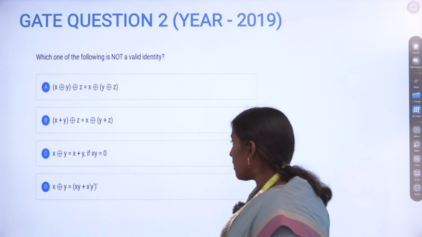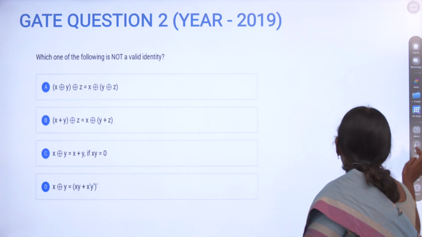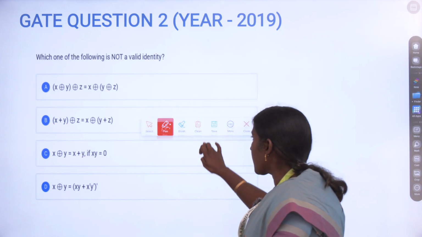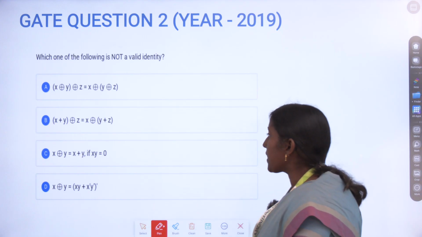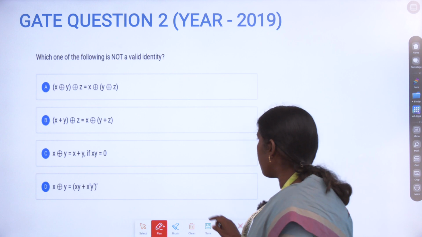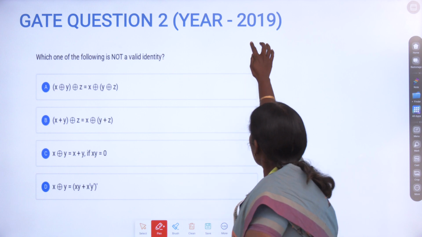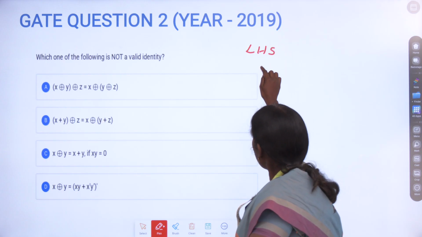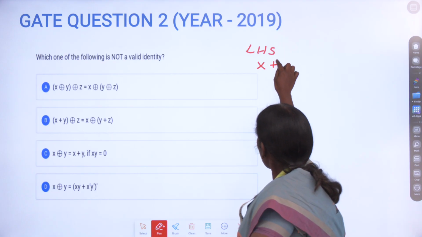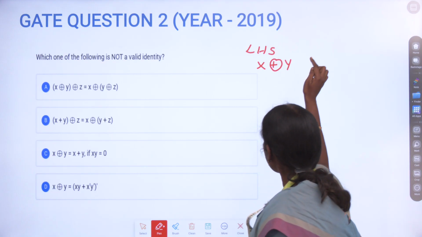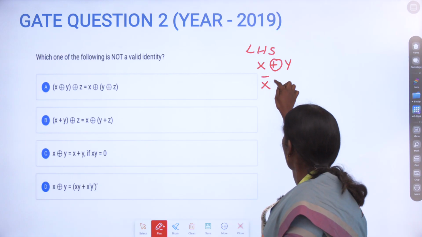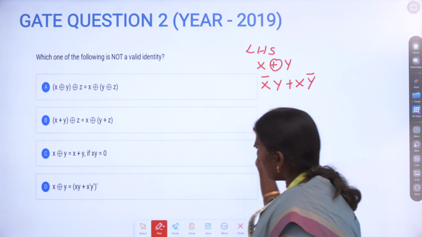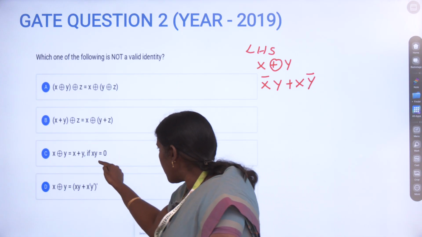Let us see the third choice. Third choice is x XOR y is equal to x plus y. Let me take the LHS side. The LHS is x XOR y. So x XOR y can be expanded as x bar y plus x y bar. And what is the if statement they have given?